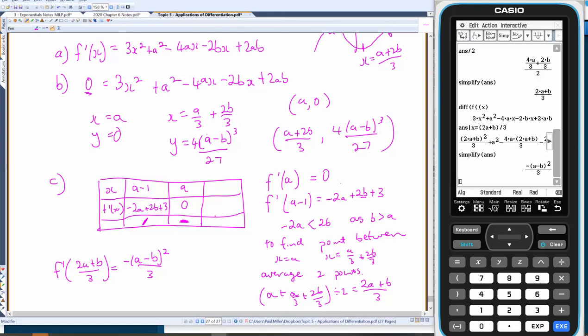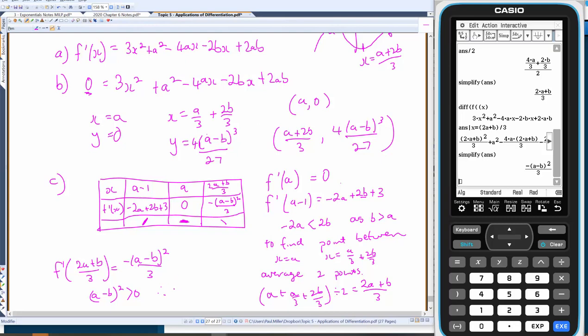Now, I'm just going to fill that in. So this is going to be 2a plus b on 3. This is going to be negative a take b squared on 3. Now, I know that that is a negative number. How do I know that? A take b all squared is always greater than 0.